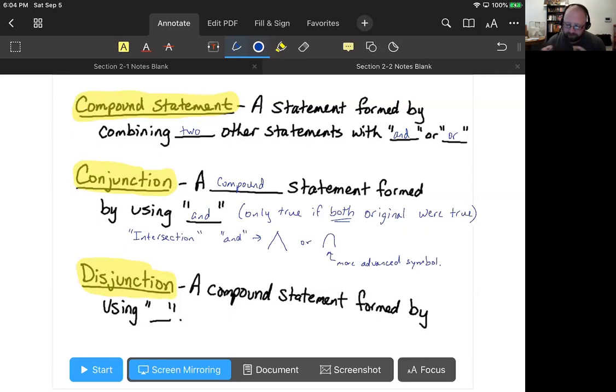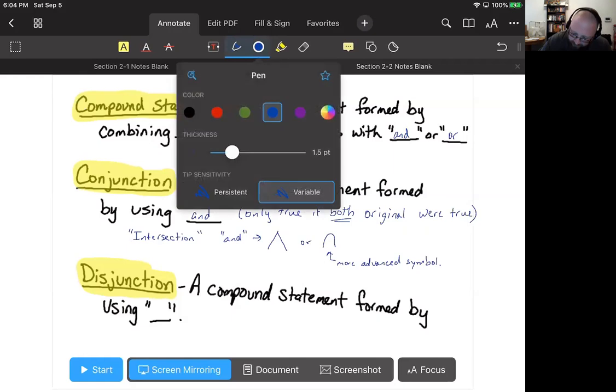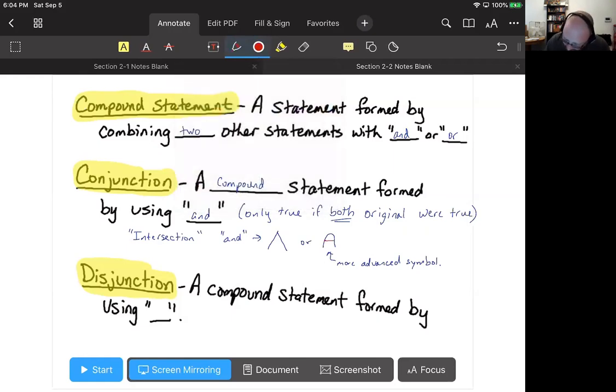Here's how I like to think of it. When I see that symbol, it looks a lot like an A, right? That means and. Just a thought. Back to the next vocab word, the word disjunction, which is a compound statement made using the word or.